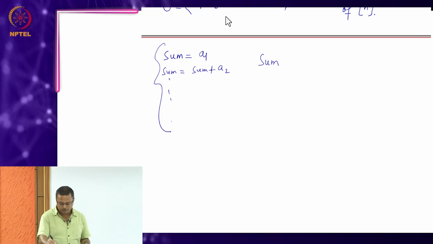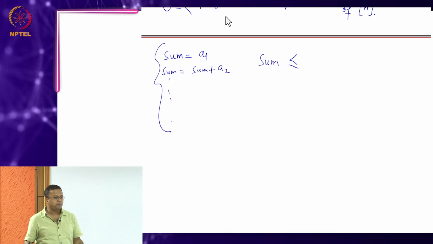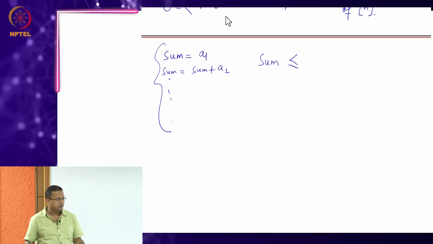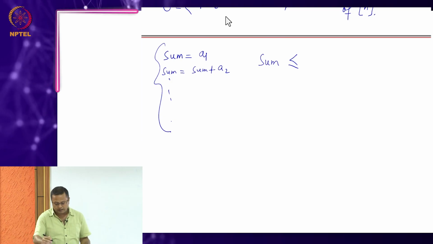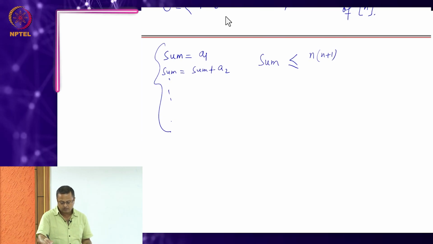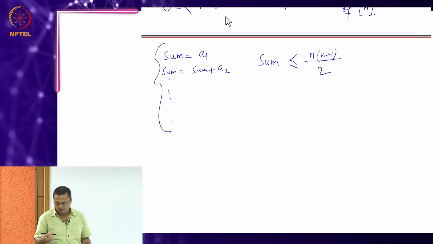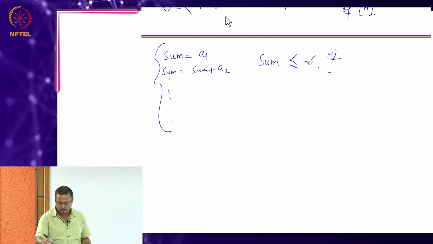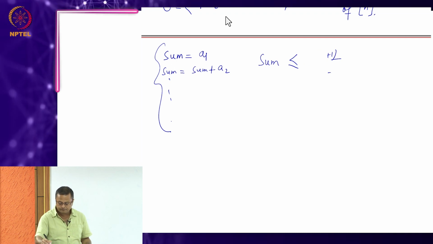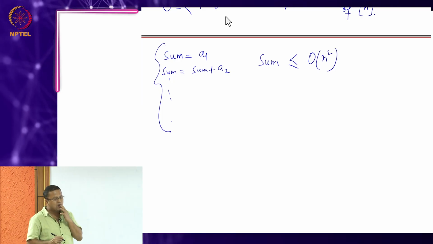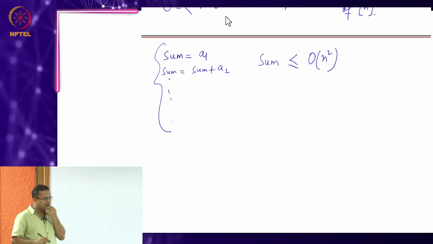Can I put a bound on this value of sum? Sum of these elements, it cannot get more than, right? Which is big O of n square, right?